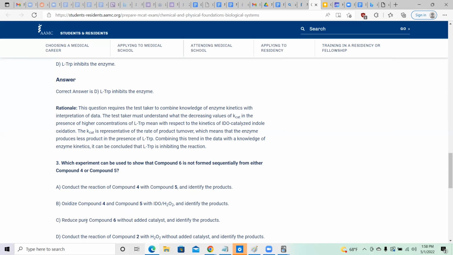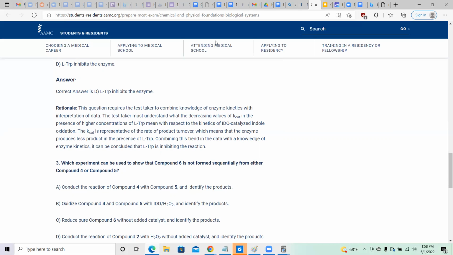Then we have reduce pure compound 6 without added catalyst and identify the products. Reducing pure compound 6 is like so, let me just write it out so it's not confusing.